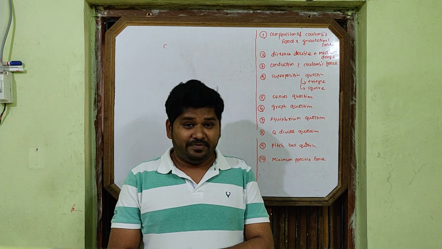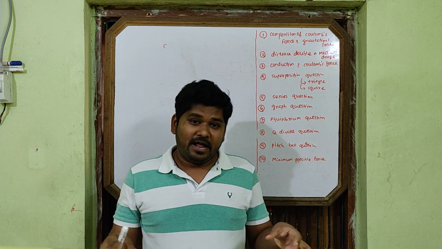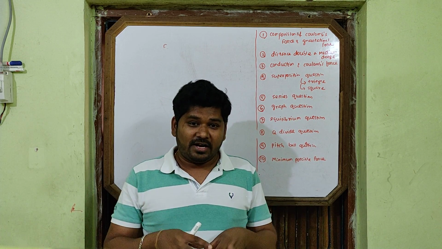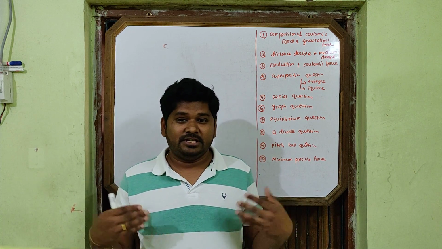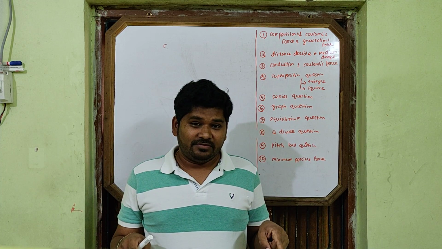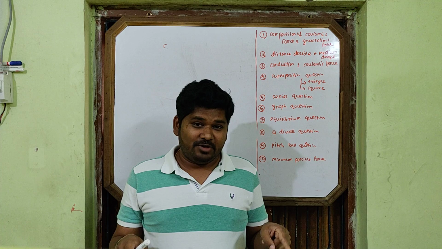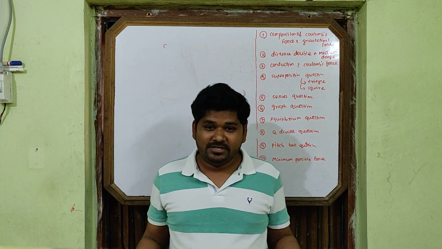The force is attractive, but after contact and separation the force will be repulsive because they will get like charges. If same magnitude, identical body, same material, they get neutralized and force will be 0.